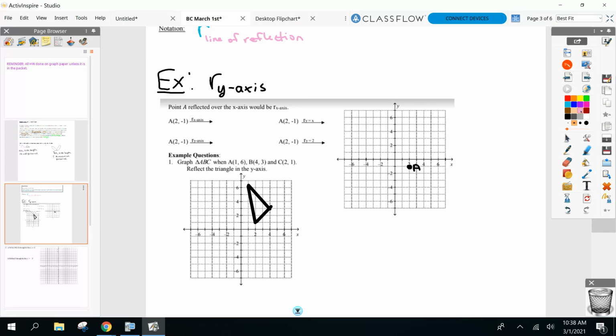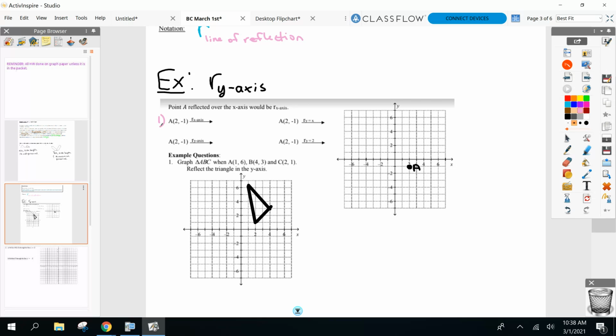Look at the first one. I'll just put number 1 here. See the symbol now? Reflect it over the x-axis. I still want to go over this slowly, even though I know many of you know how to reflect over the x-axis already. Remember, when you do a reflection, because it's a rigid motion, distance stays the same.